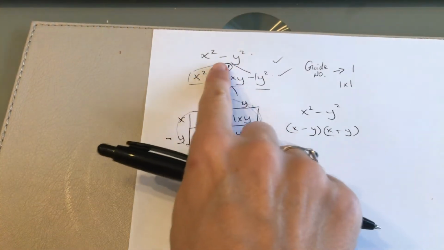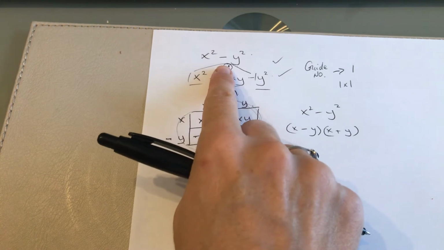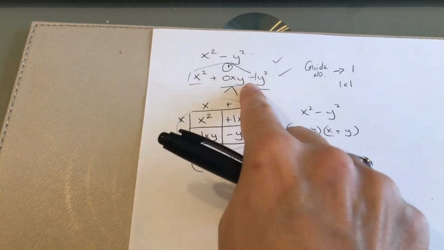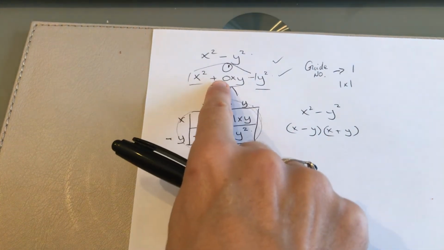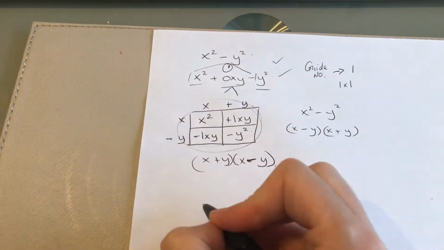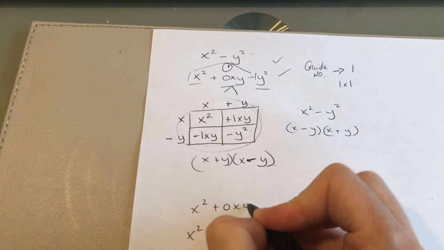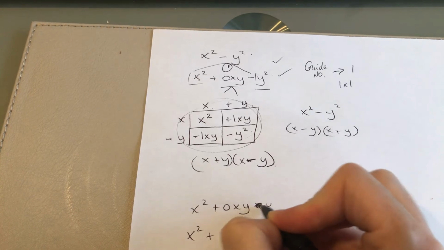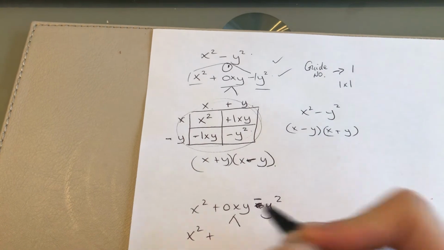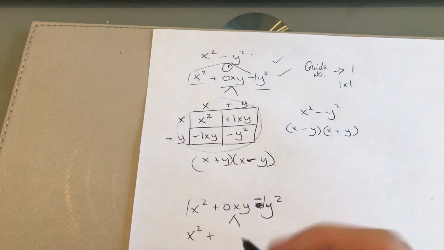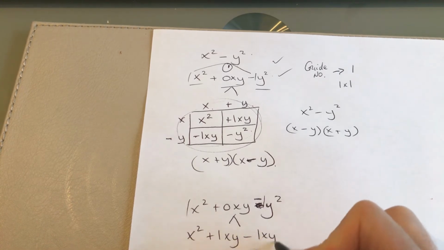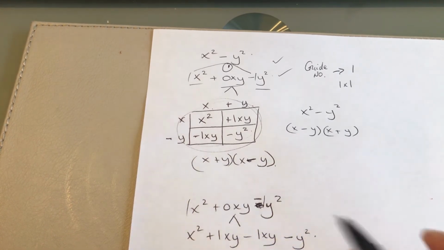So we're back up here and we're saying, oh, what are the factors of 1? So that's my guide number, that subtract to give me 0. So if you just didn't like to put it into the box method, it's a plus xy and a minus xy minus y squared.